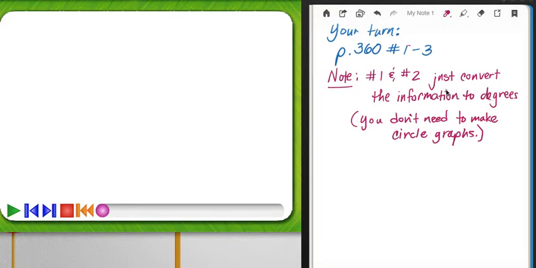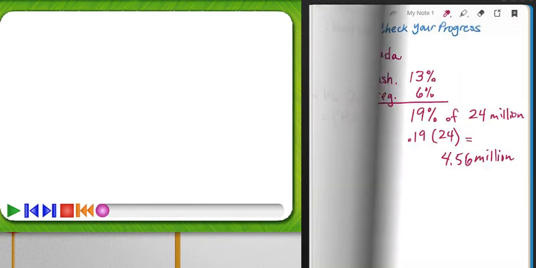In number 2 it has the number of students. So first you're going to need to change them to percents. And I did an example of that. If you need to go back and watch some of the video, you can do that. Change the number of students to percents, and then you can change the percents to degrees. And like I said, follow the example that I did earlier in the video. I'll flip back to that.